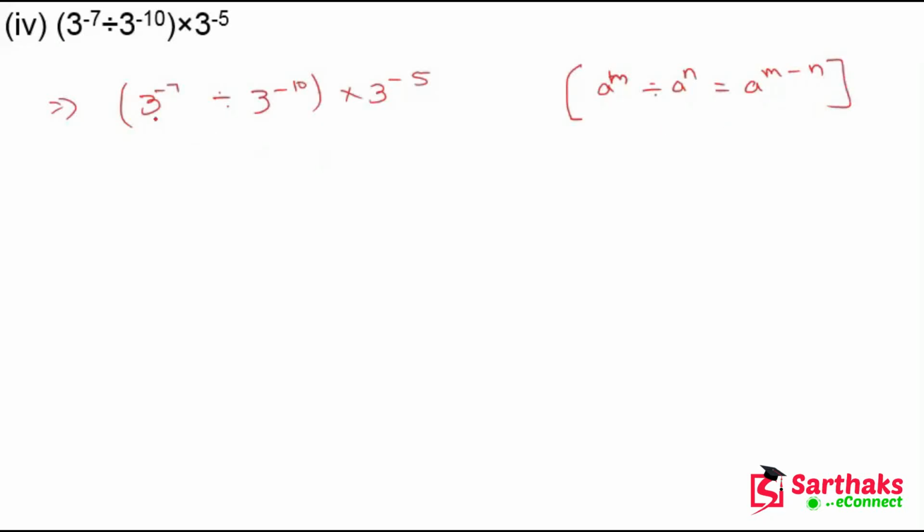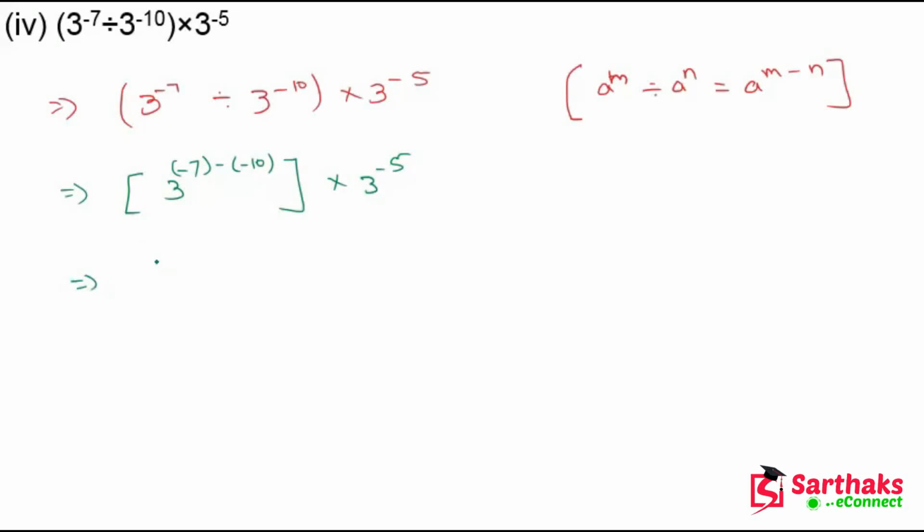Here the base is the same, power different, and the two exponents are in division. So we can write it as 3 raised to power minus 7 minus of minus 10, into 3 raised to power minus 5.